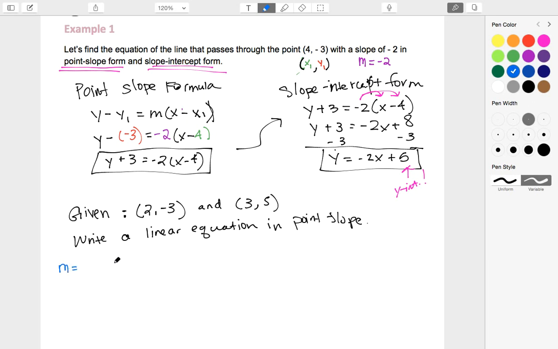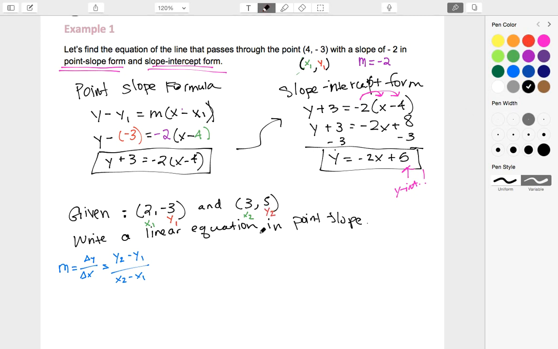So we know that our slope formula is the change in y over the change in x, which is the same thing as y2 minus y1 over x2 minus x1. Okay, so I'm going to go ahead and label this and identify this 2 as my x1, and this 3 is my x2, and then this will be my y1, and this will be my y2.